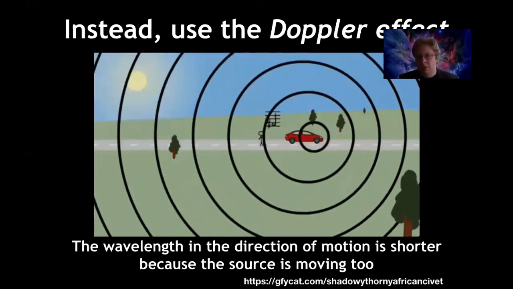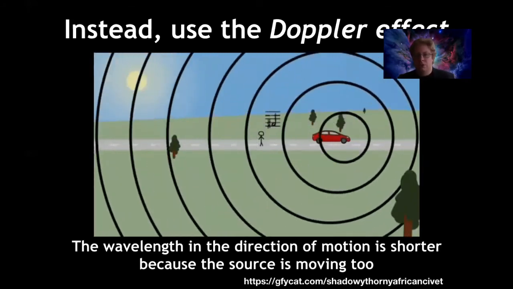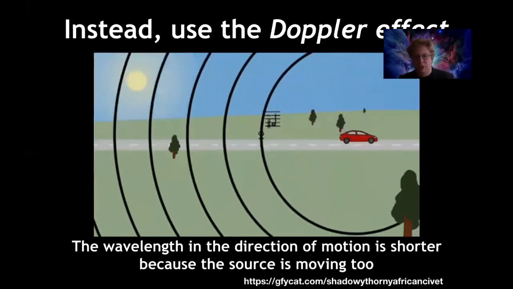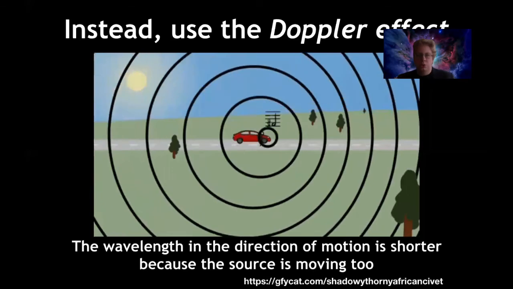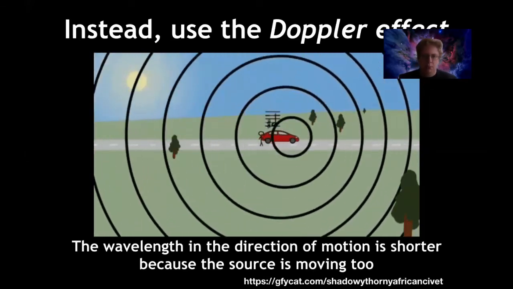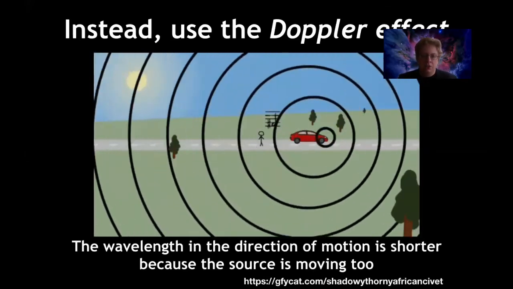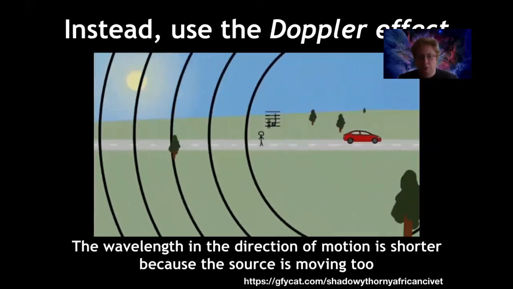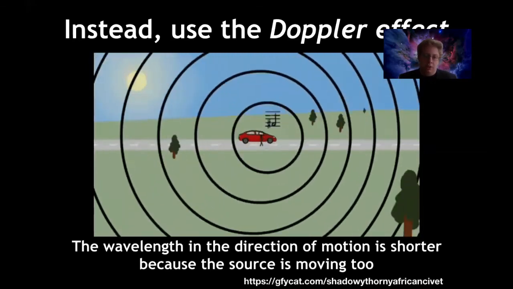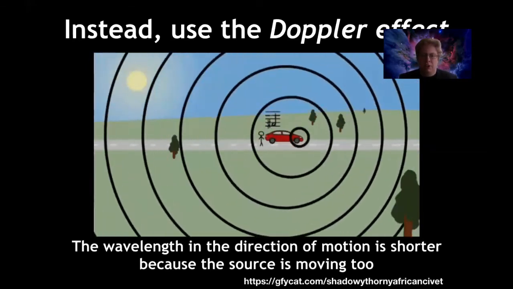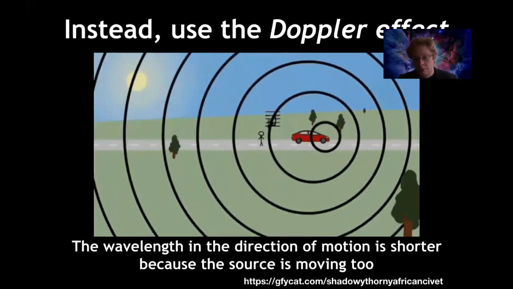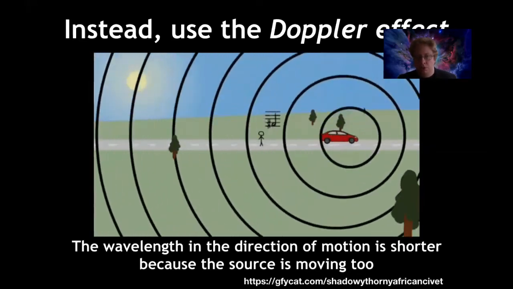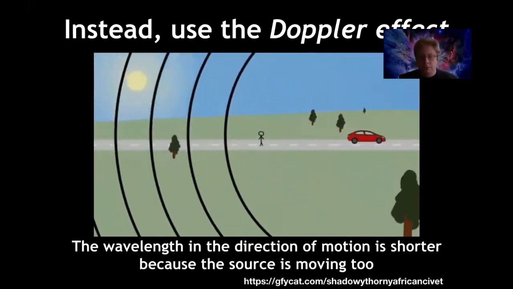And what that means is that the peaks in the direction you're moving are a little bit closer together than they would have been, because you've moved closer to the last peak by the time you emit the next peak. So what you're essentially doing is changing the wavelength of the wave. The wavelength in the direction that you're moving is shorter because you are moving too.